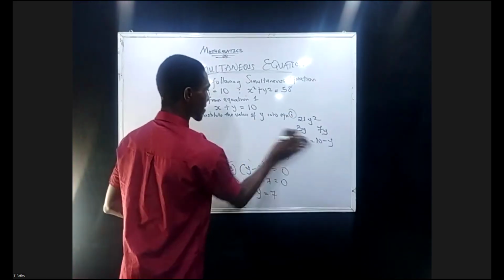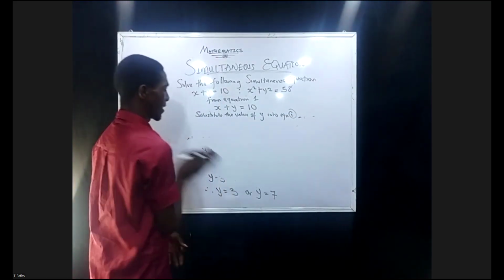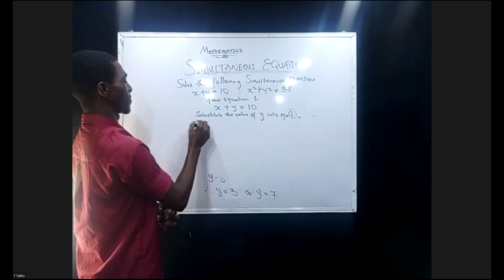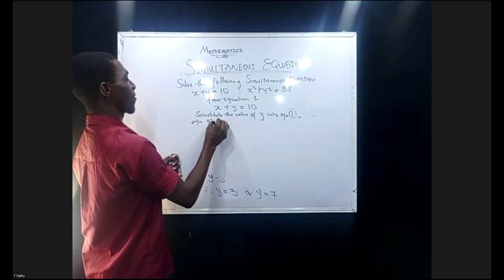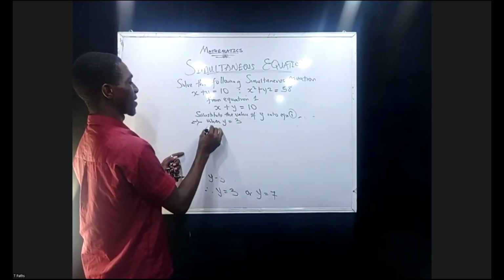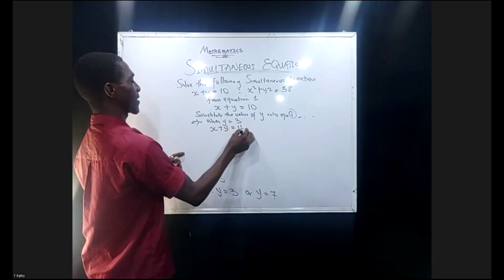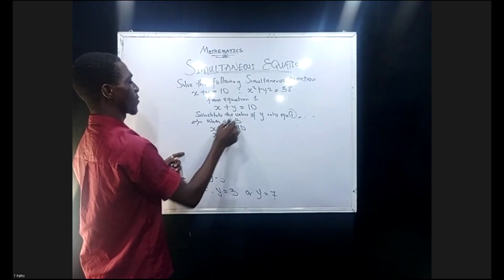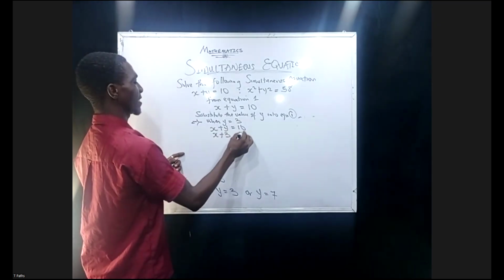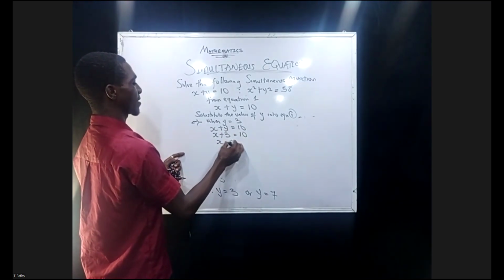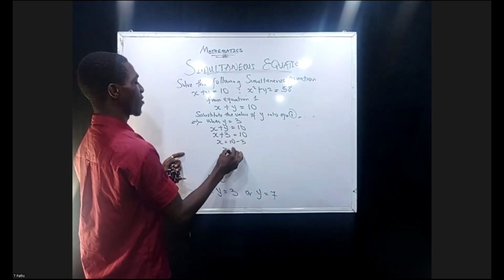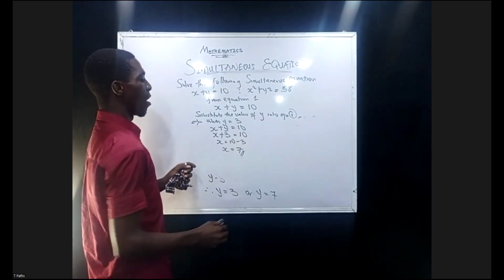This implies that when y equals 3, x plus y equals 10. X plus 3 equals 10. X equals 10 minus 3. Then the value of my x is 7.